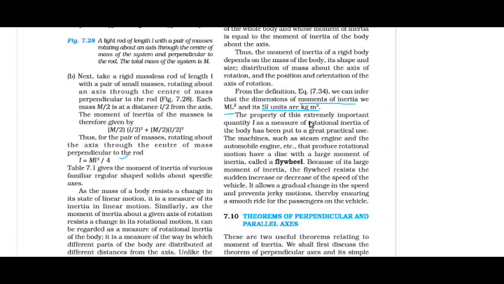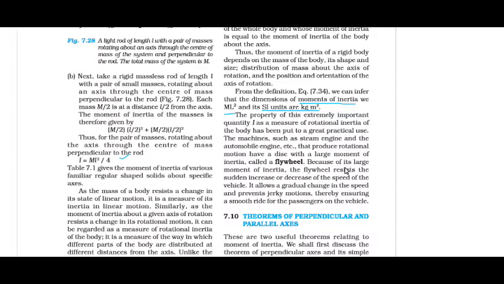The property of this extremely important quantity I, as a measure of rotational inertia of a body, has been put to great practical use. The machines such as the steam engine and the automobile engine that produce rotational motion have a disk with a large moment of inertia called a flywheel.